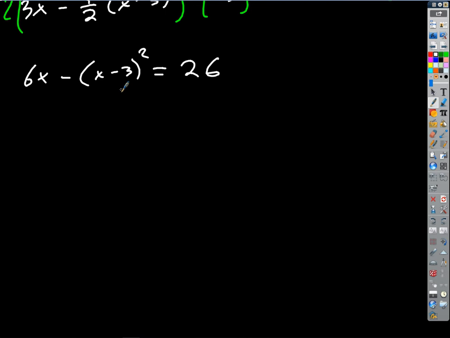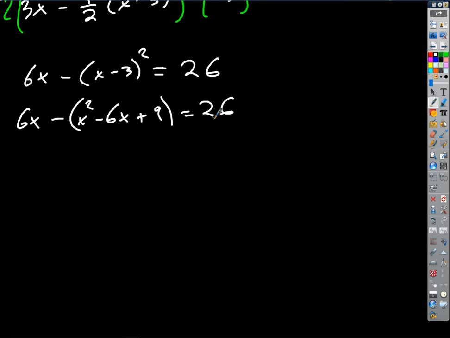If I square that out, what do I get? Okay, and we're subtracting that whole thing, so you've got to put that in parentheses. That's a common mistake I see, that people don't put that in parentheses, and so only the first term ends up being negative, and that's not correct. I have to distribute it through the whole thing.